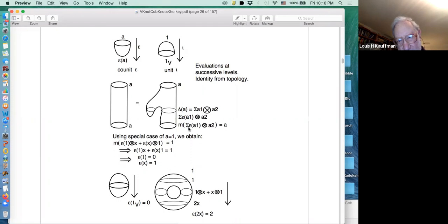And so in the case that we're concerned with, if we were to put in 1, then we will be looking at epsilon of 1 tensor x plus epsilon of x tensor 1, and multiplying it, and we get epsilon of 1 times x plus epsilon of x times 1 equals 1. And so we need that epsilon of 1 should be 0 and epsilon of x should be 1.